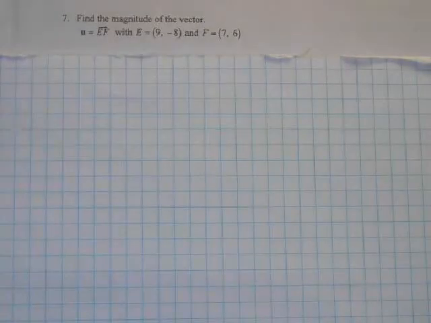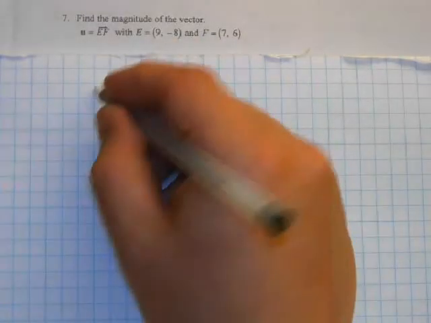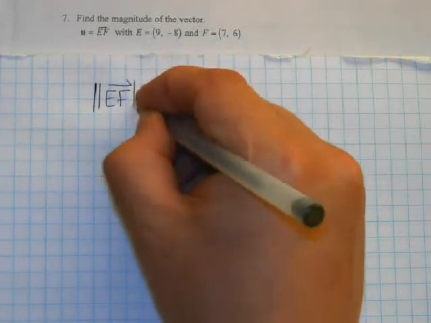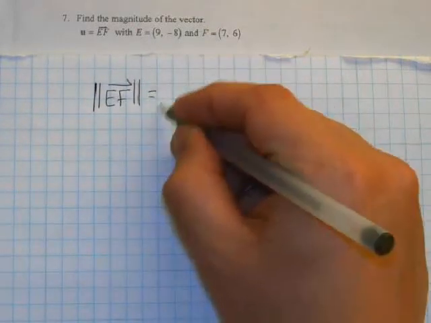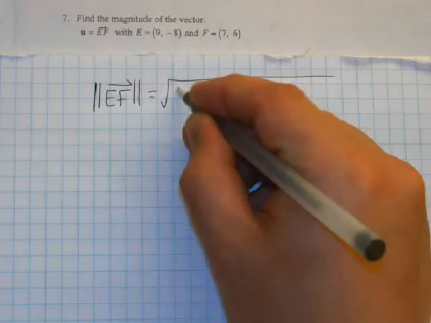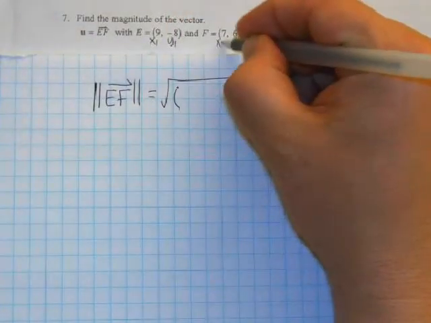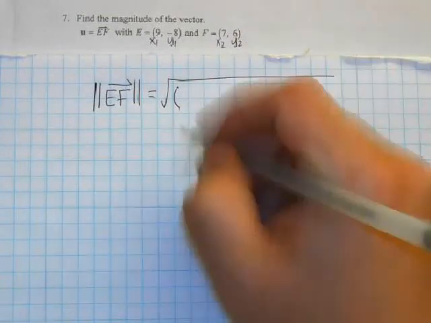Number 7, we want to find the magnitude of the vector. And notice that they give us the endpoints of the vector. So the magnitude of the vector can simply be found by using the distance formula. So you can make that x1, y1, x2, y2 if you'd like.